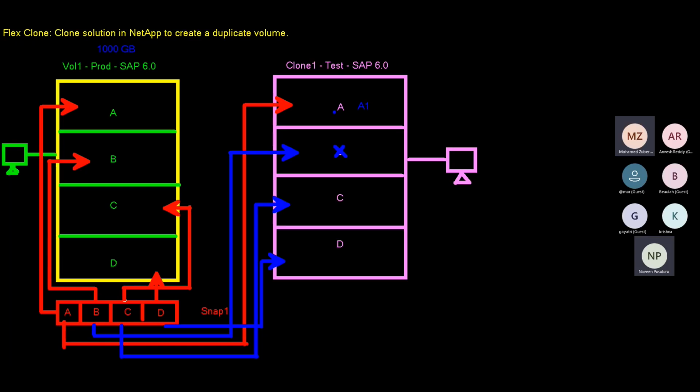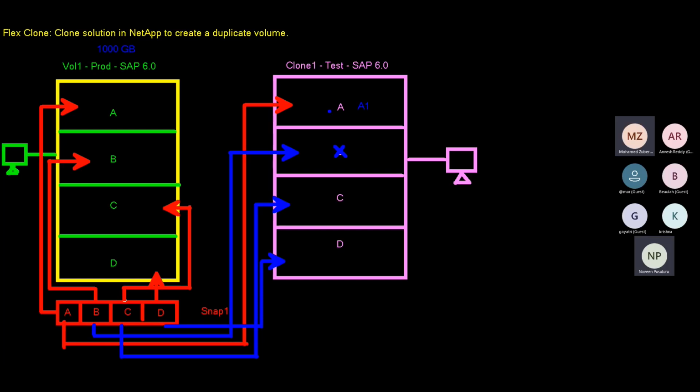Now clone size will be increased, because instead of the A image, now we have A data, original data. The same way, here we have deleted B. That means there is no need to do anything, because whatever changes you made on clone will not impact production volume. So you don't need to worry about deletion. Okay, this is how the clone will work when they are in relationship.